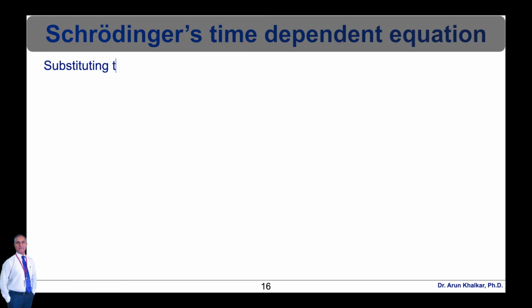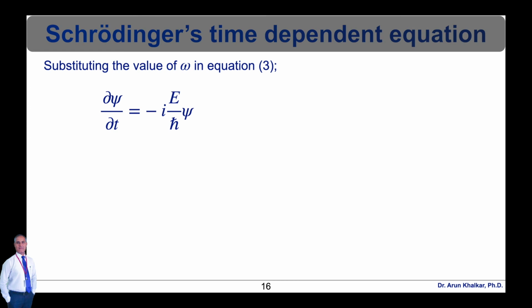Now substituting the value of omega, we can write delta psi by delta t is equal to minus i capital E upon h bar into psi, which implies capital E into psi is equal to minus h bar upon small i into delta psi by delta t. But as we know, small i square is nothing but minus 1.